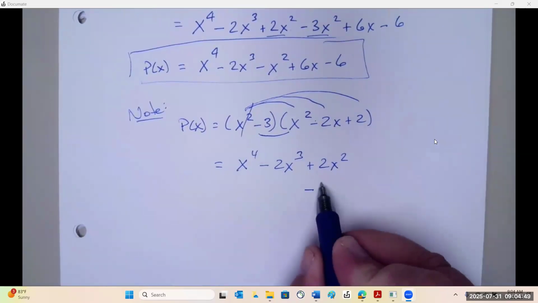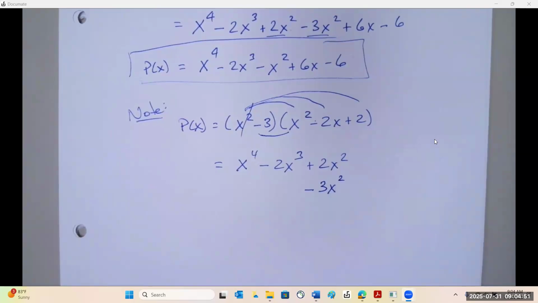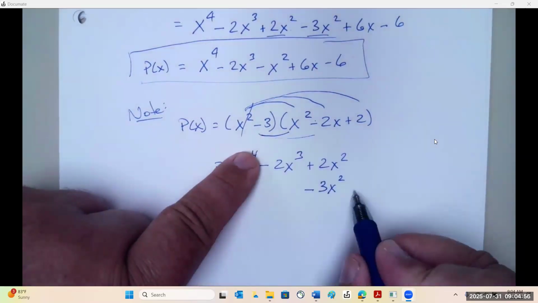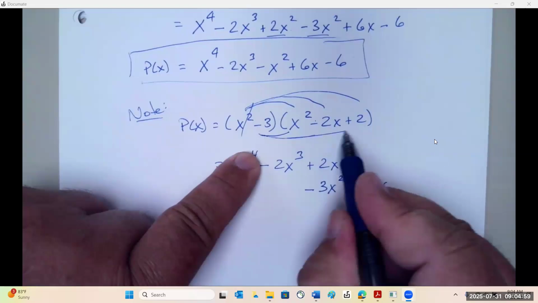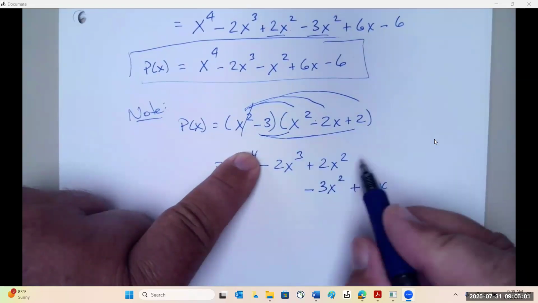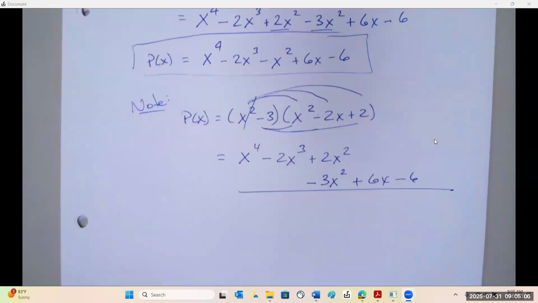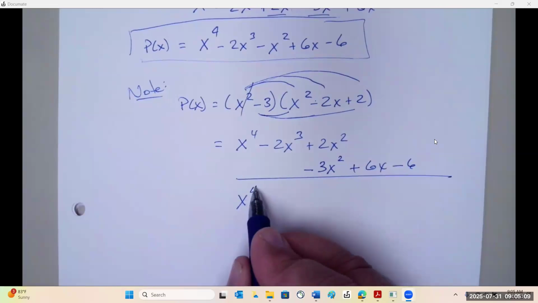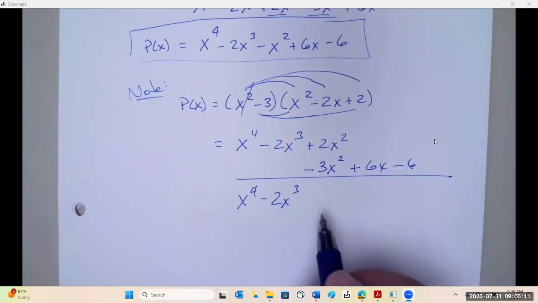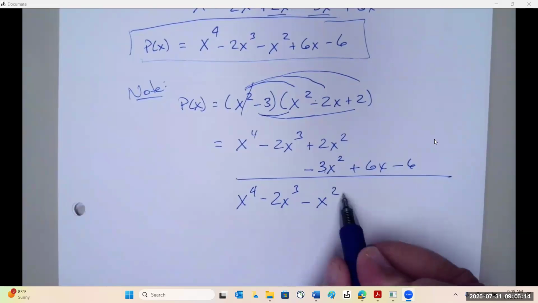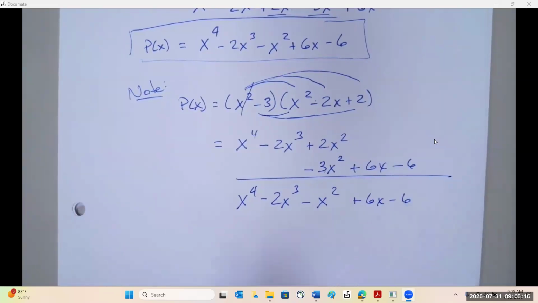So I put it under the x squareds. Then negative 3 times negative 2 is a positive 6x. Then negative 6. This way, just add straight down. Some students find that easier. So negative 3 plus 2 is negative 1x squared. That way you don't have to go searching around on your list to see where it is. So if this is easier for you, please do that. Stack them on top of each other.